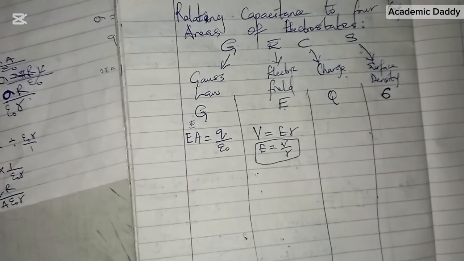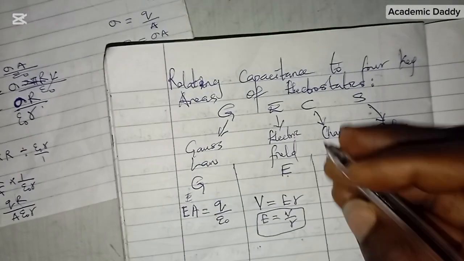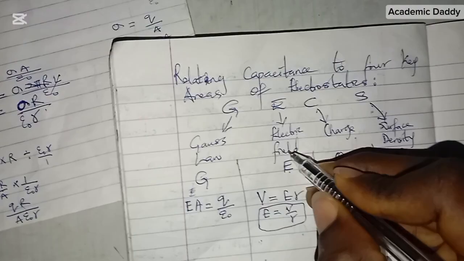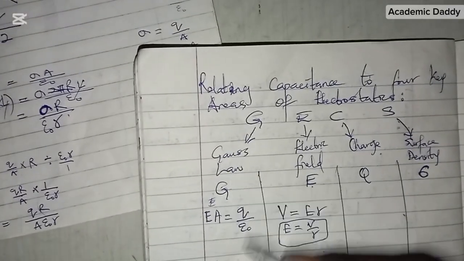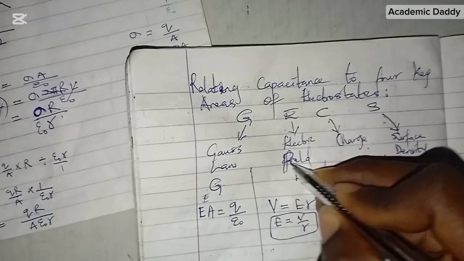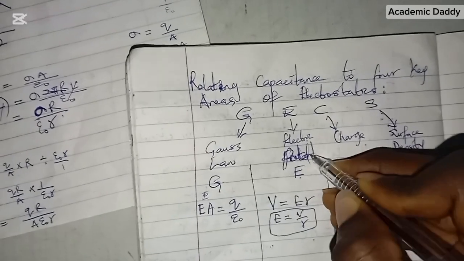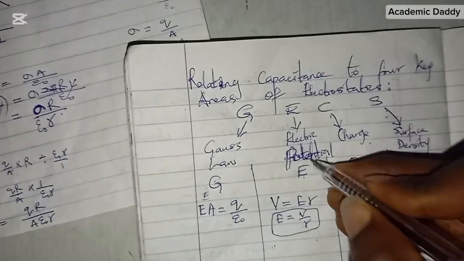So I think the best way to put this is, instead of using electric field, because Gauss law talks about electric field, let me say electric potential. So electric potential.